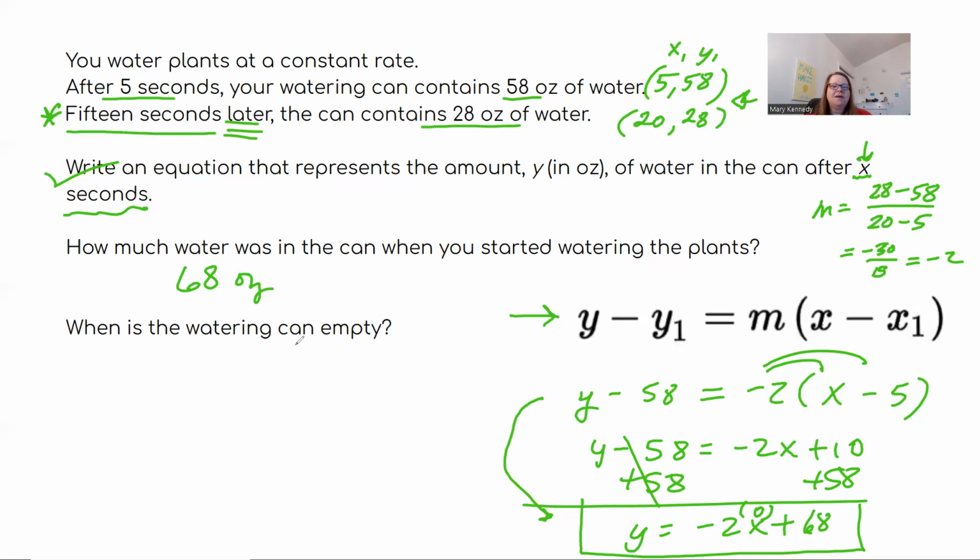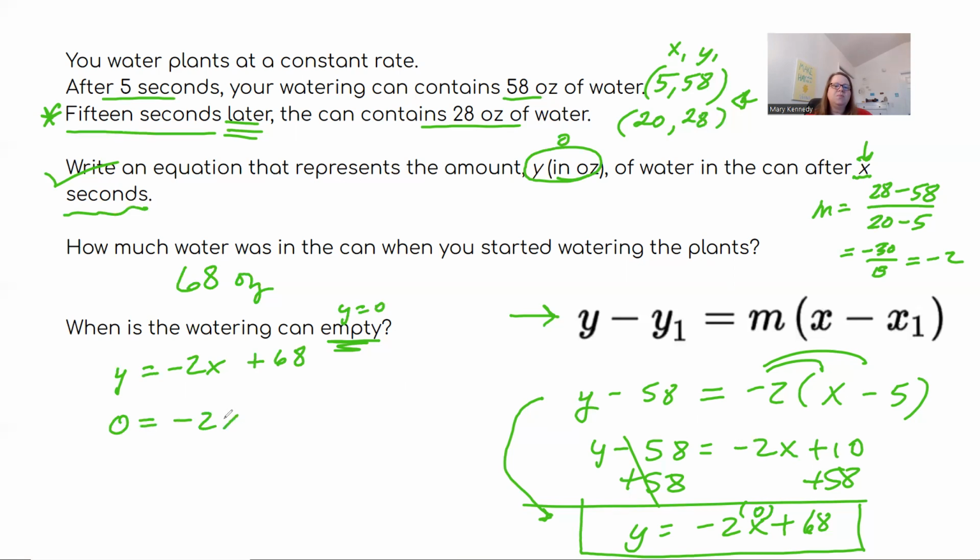And when is the watering can empty? So it's empty when the ounces is 0, right? When it's completely empty, then the ounces of water would be 0. And so we can take this equation, Y equals negative 2X plus 68, or the other one, it doesn't matter really. To me, this is simpler. And an empty can means that Y equals 0.